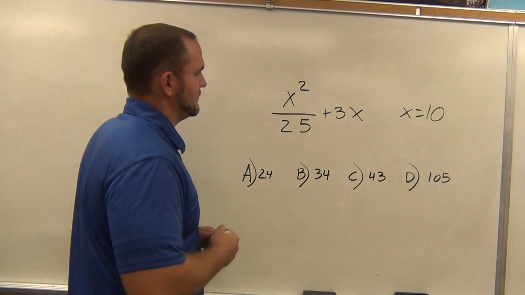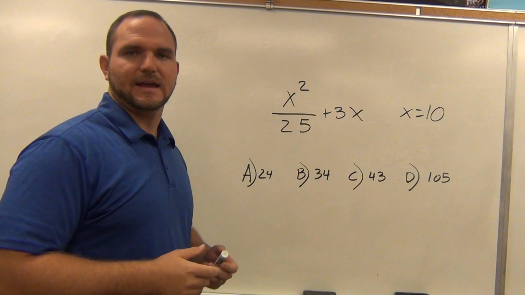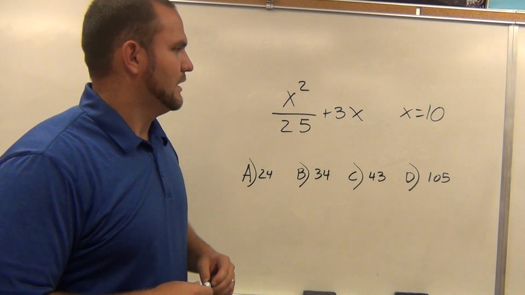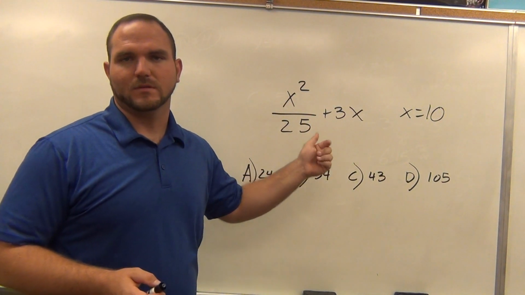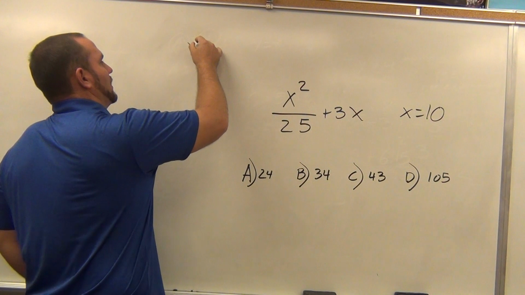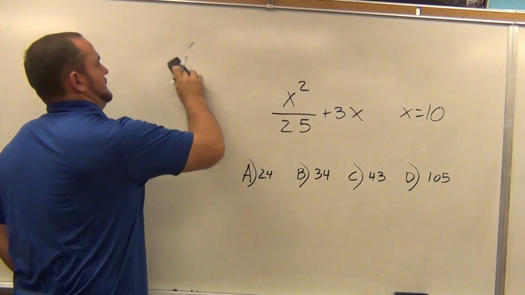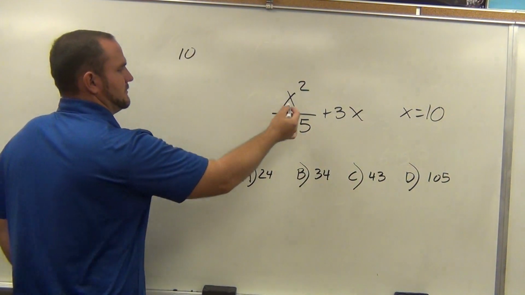So first of all, for this problem, we see that this x over here is equal to 10. That lets me know that in this problem, I can plug that in for the x's. So I'm going to rewrite the problem with 10 in for x.